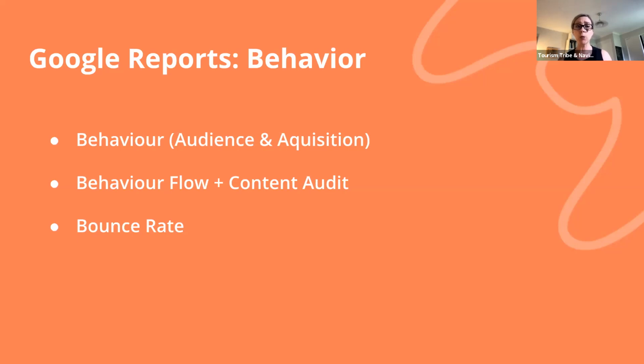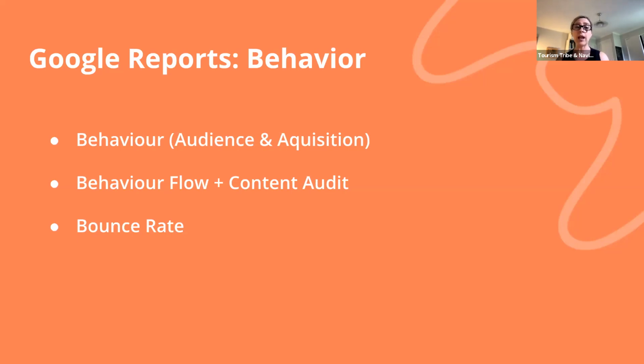Our next report is the behavior report. These three reports are the ones that I would use most, and I think, as small or medium business owners, these are the most popular. The behavior report shows you the journey people take on your website, so how they are behaving.